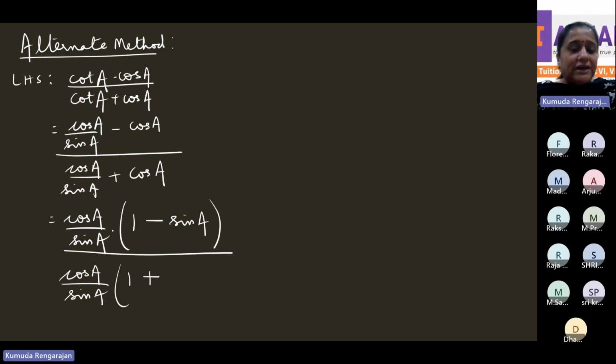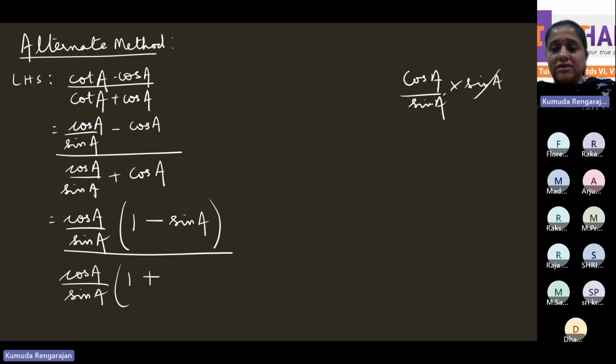Cos A by sin A into 1 is cos A by sin A. Then when you multiply cos A by sin A into sin A, sin A and sin A will get cancelled, so you'll get cos A. Then again cos A by sin A common, 1 plus cos A by sin A into what will give you cos A?